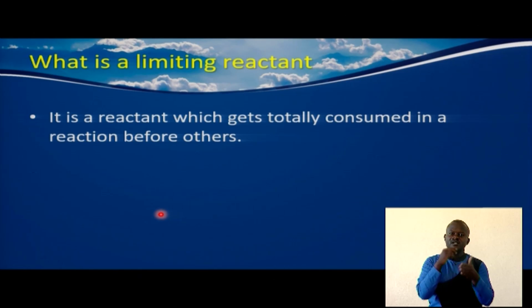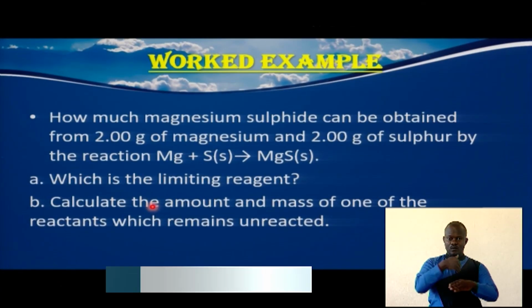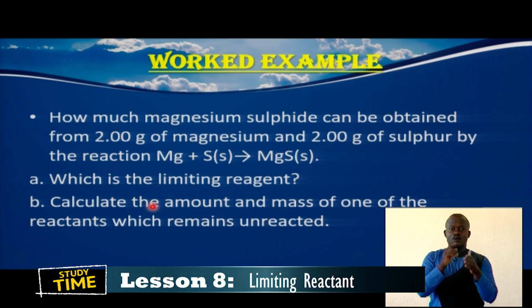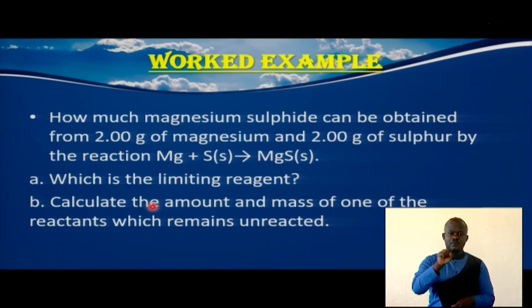Now let's go to some worked examples involving the calculations. Here we have the first worked example that we are going to solve. How much magnesium sulfide? Magnesium sulfide is this one. You remember the formula.